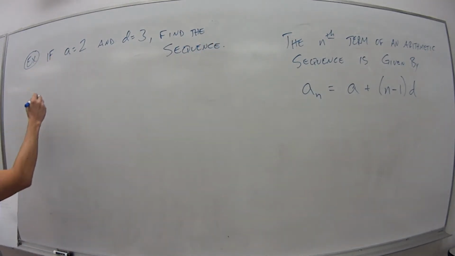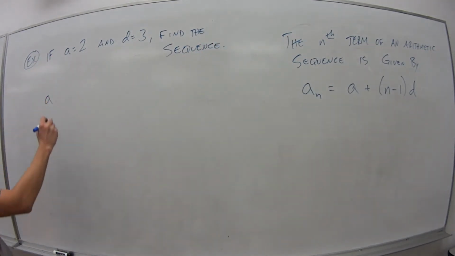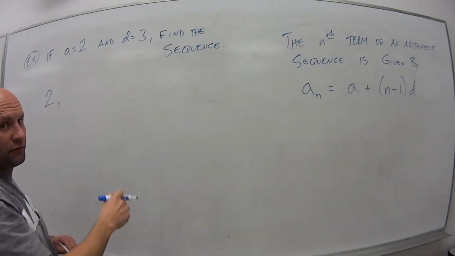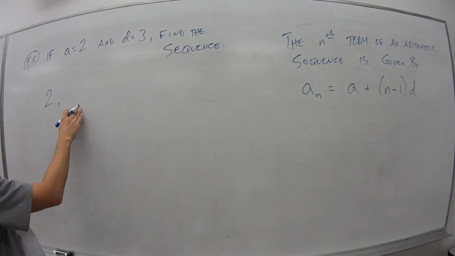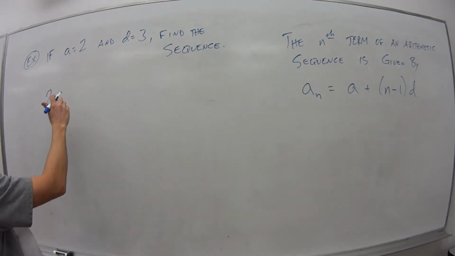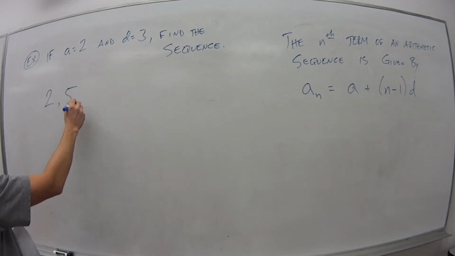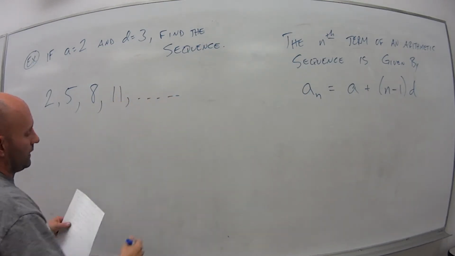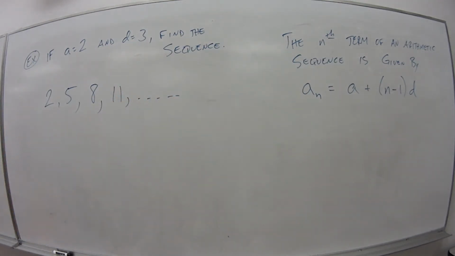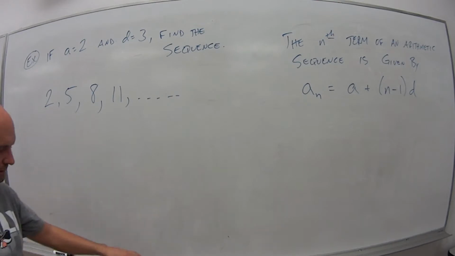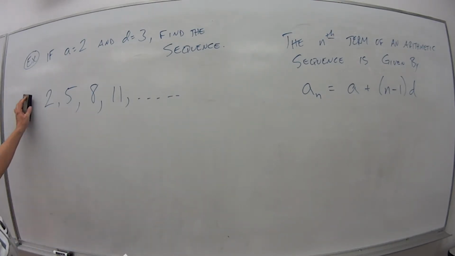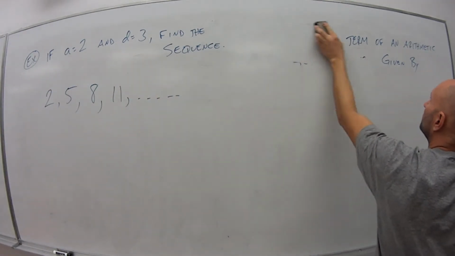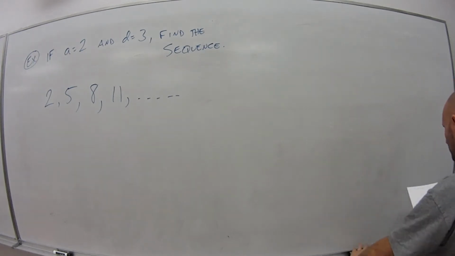So that means a is our starting value, it's 2. Our difference is 3. So when we go from this term to the next term, we have to add 3, because it's an arithmetic sequence. 2 plus 3 is 5. 5 plus 3 is 8. 8 plus 3 is 11, and so forth. So that's one example, just the basics of what this arithmetic sequence means.